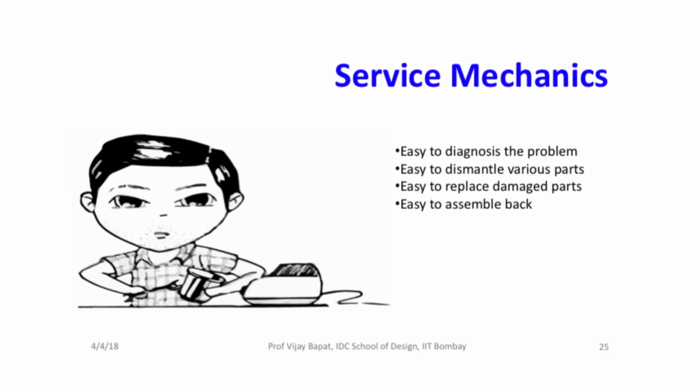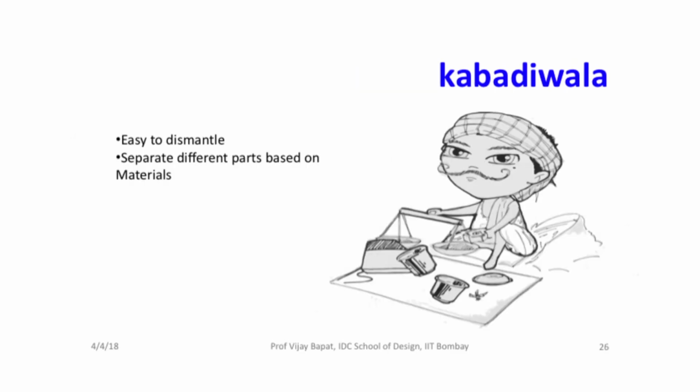It's a mechanical product. There might be some maintenance required. I will take it to the mechanic, or the mechanic will come to my house. He needs design consideration. At the end, I am going to sell it off to the kabadiwala or recycle man.